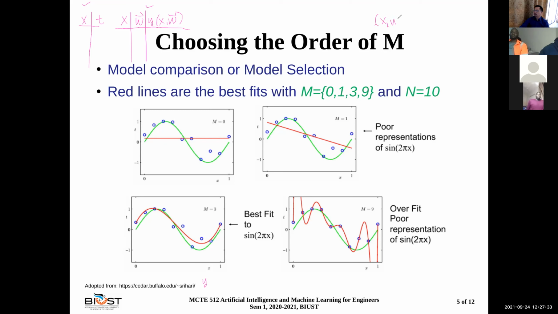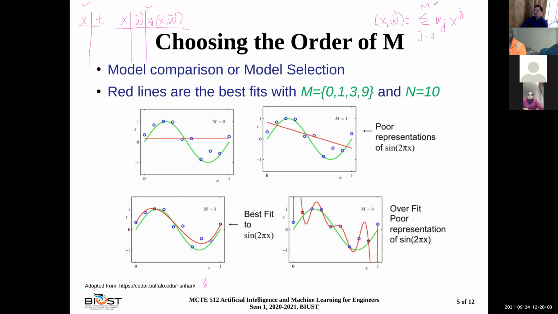I will write it as the summation from J equals 0 of W sub J times X to the J, up to M. We don't know the value of M and we don't know the value of W. So there are two things we need to know in order to find the best estimate.